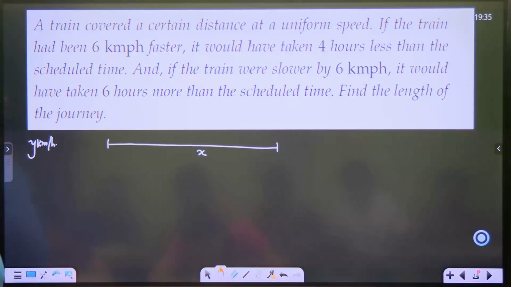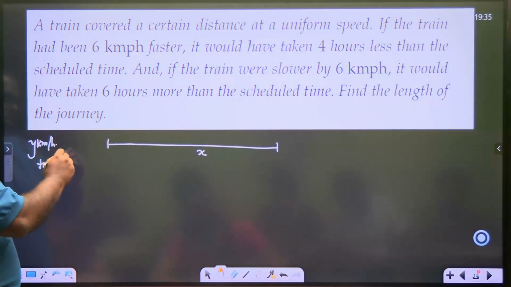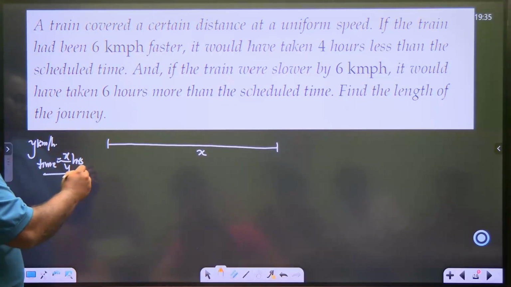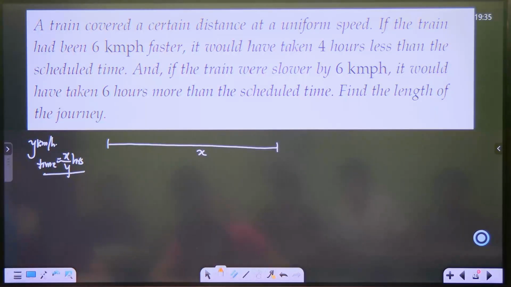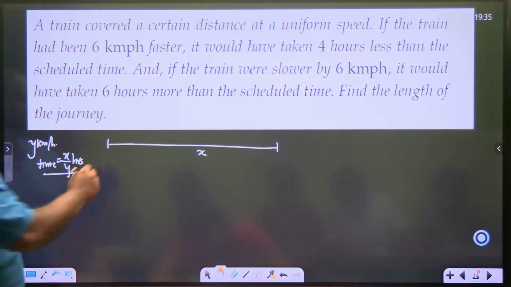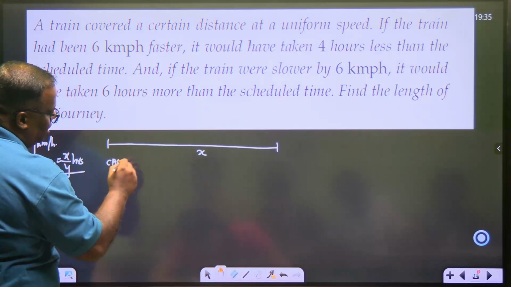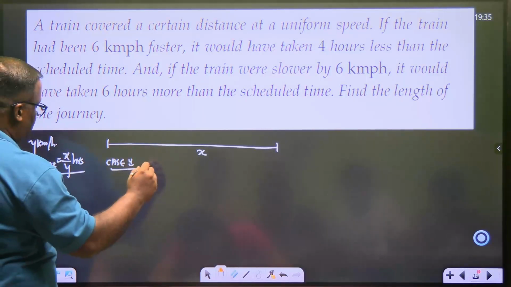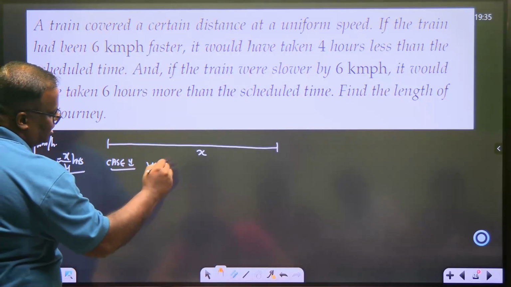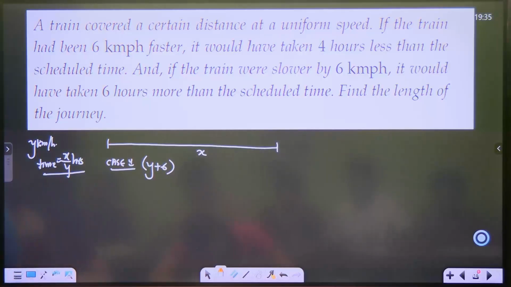So how much time is the train taking? Time is equal to distance by speed. So many hours the train takes on a normal day. Now, if the train had been 6 kilometer faster, so let's say case 1, the train is 6 kilometer faster, y plus 6, right?